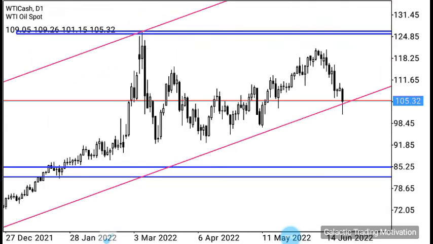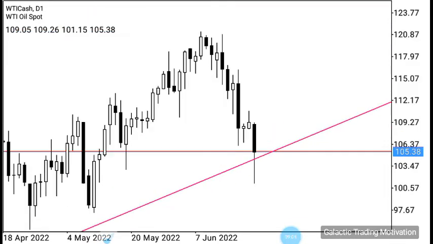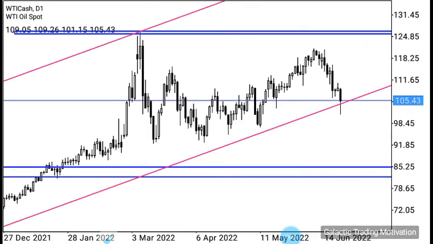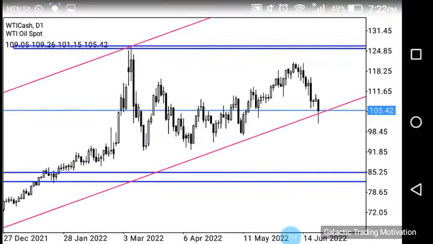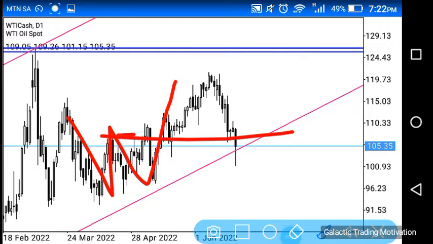So what else do we see on this daily chart that is interesting? On this daily chart, we had a whole lot of W structures in the zone. There's one with the neckline being there. The neckline was broken. Price went up, then came down to retest the neckline.